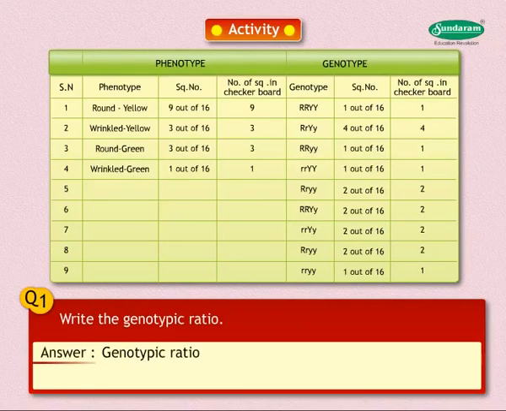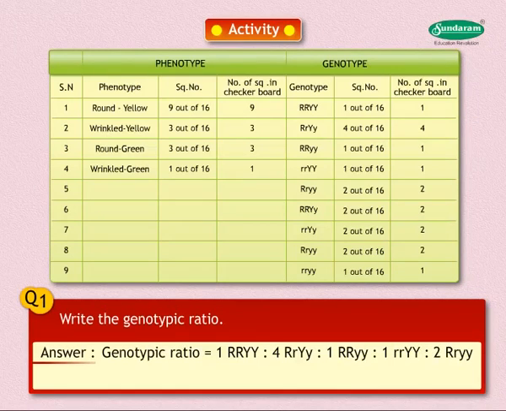The genotypic ratio is 1 RRYY : 2 RRYy : 1 RRyy : 2 RrYY : 4 RrYy : 2 Rryy : 1 rrYY : 2 rrYy : 1 rryy.